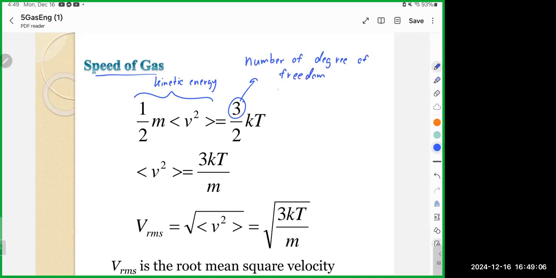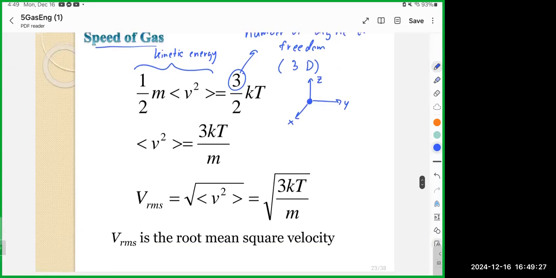In this case, you can call it 3-dimensional, because gas has the way to go, for example X, Y, and Z. Okay, 3 dimensions. That is why it would be 3 right here.